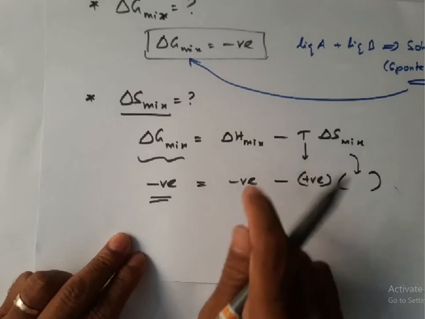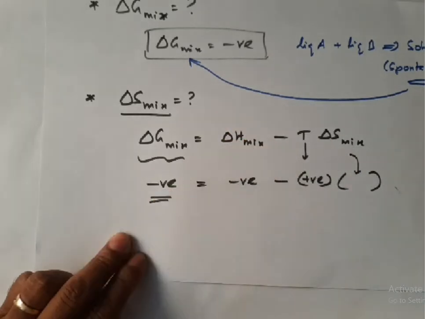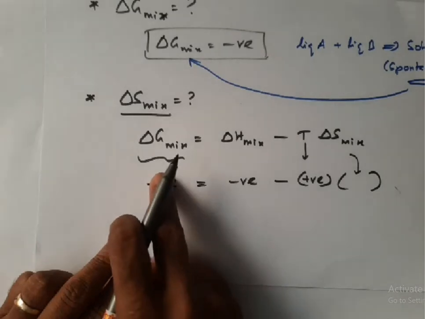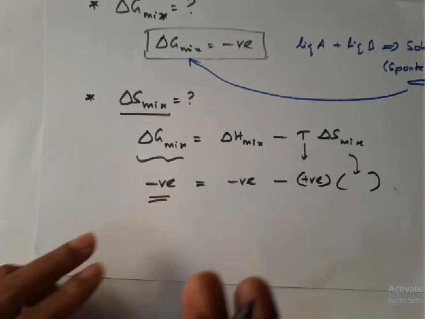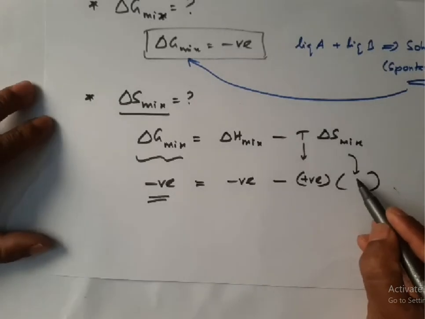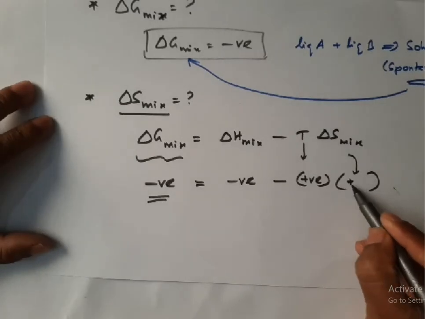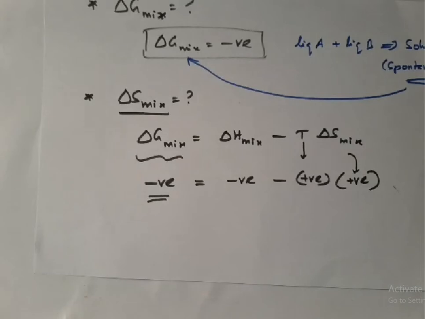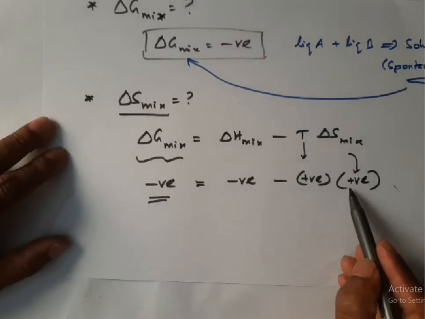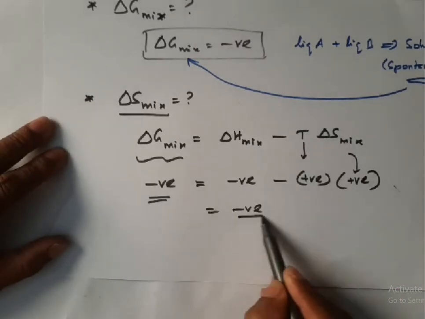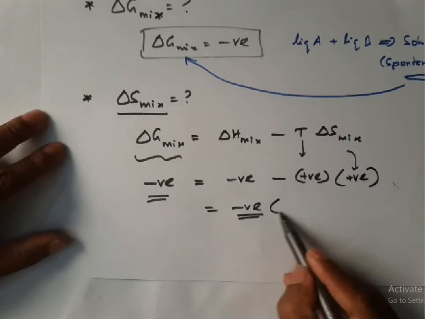Then in that case the magnitude will decide whether delta G mixing is negative or positive. But suppose this is positive, then what will happen, students? It is negative. If this is positive, then the whole right-hand part becomes negative always.